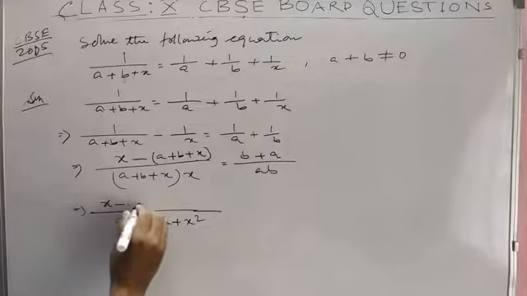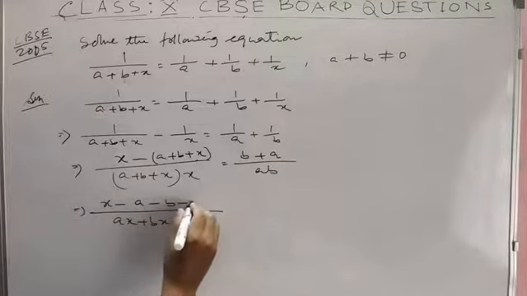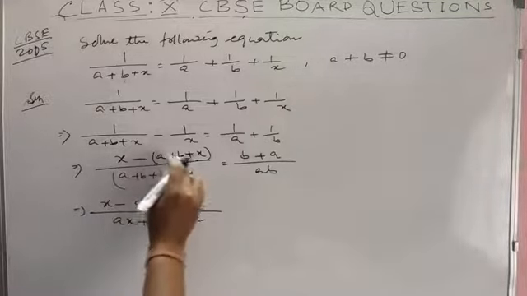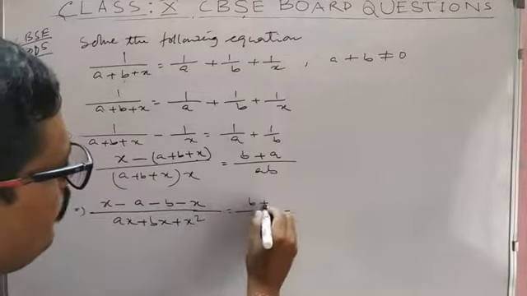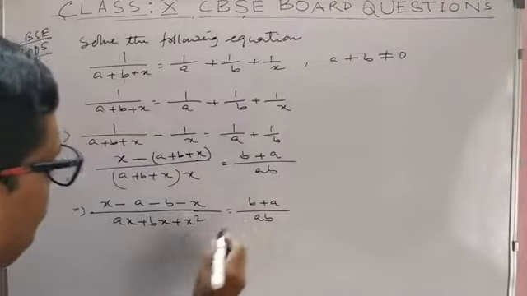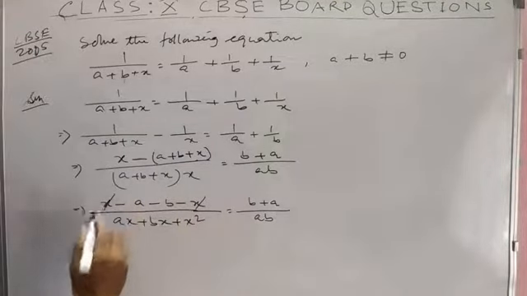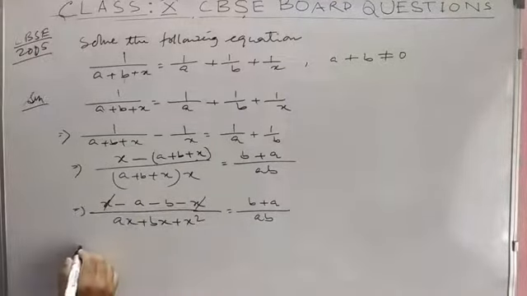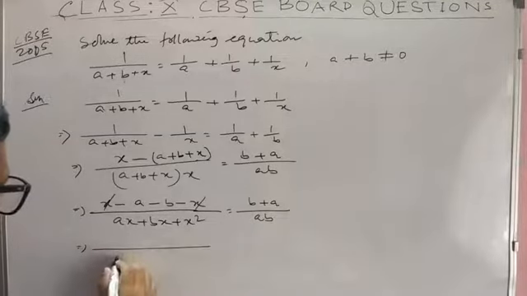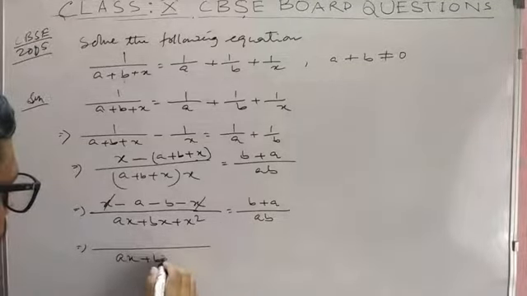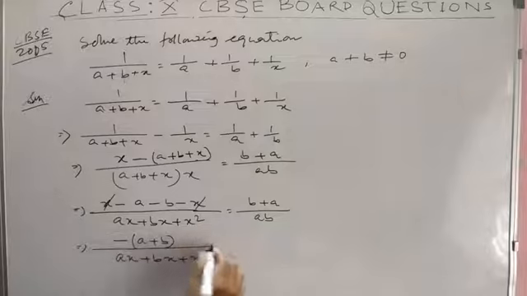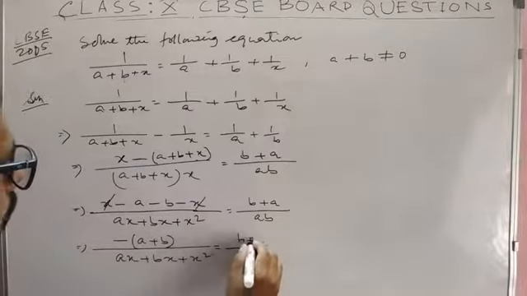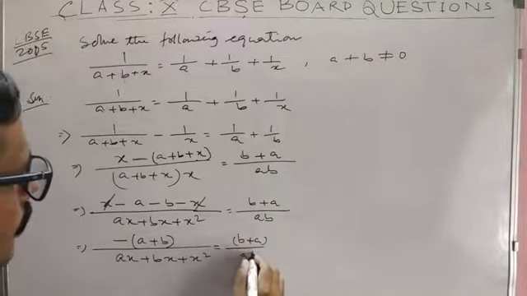It will be x minus a minus b, multiplying this one by minus, so it will be (b plus a) by ab. Definitely this and this cancel. Then what will remain here? Here it will remain ax plus bx plus x square, minus common, then it will be a plus b, over (b plus a) by ab.